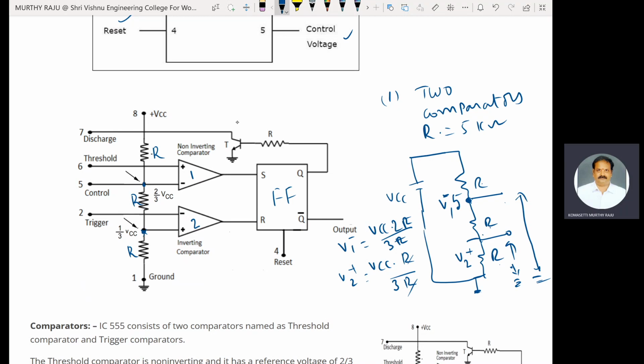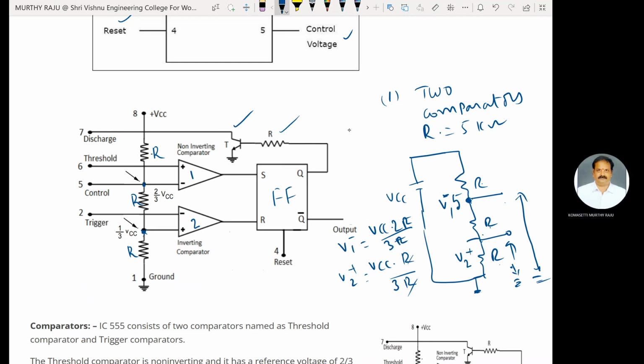This one is the discharge transistor T. The collector of discharge transistor T is connected to the 7th pin of the 555 timer IC. The output of the flip-flop, that is Q, is connected to the base of this NPN transistor through resistance R.